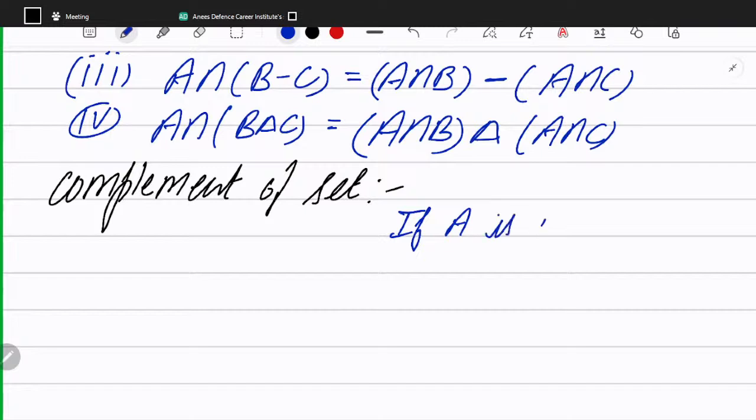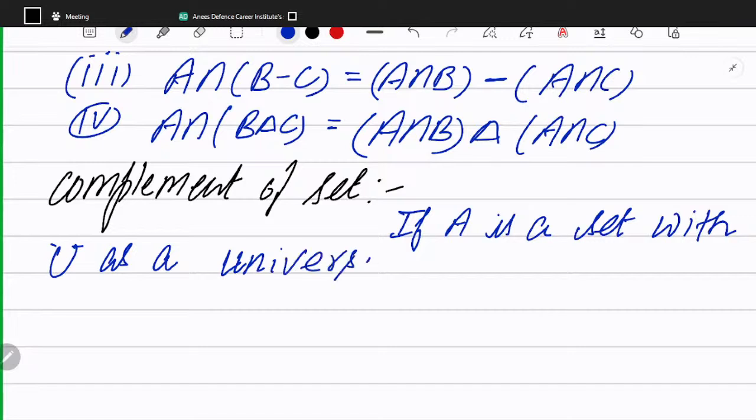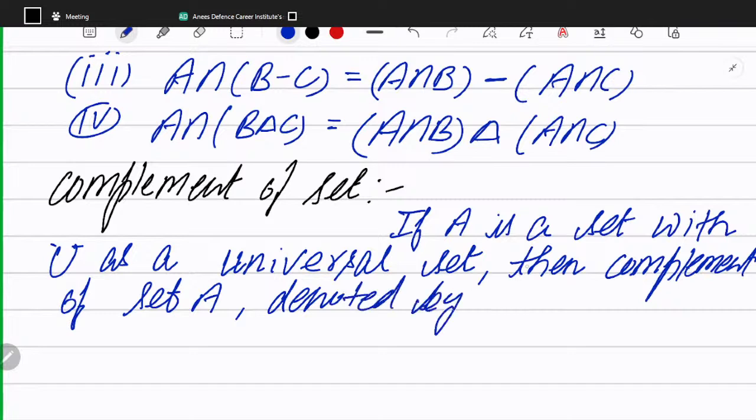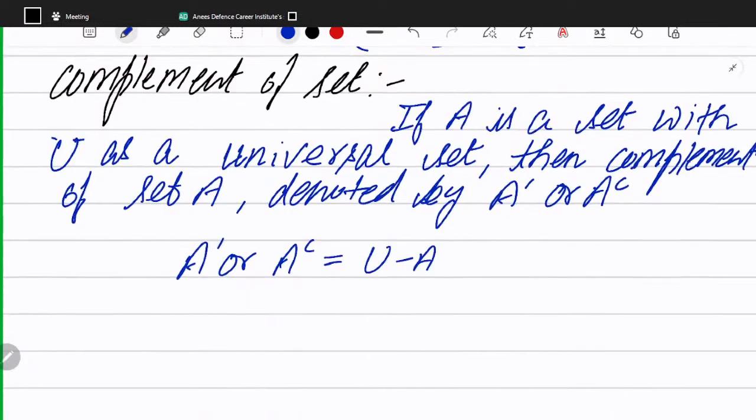Capital A is a set with universal set U. Then complement of set is denoted by A dash or A C, that is U minus A.